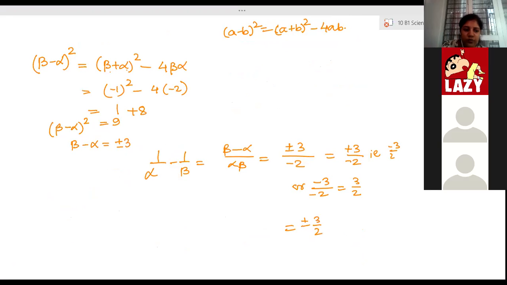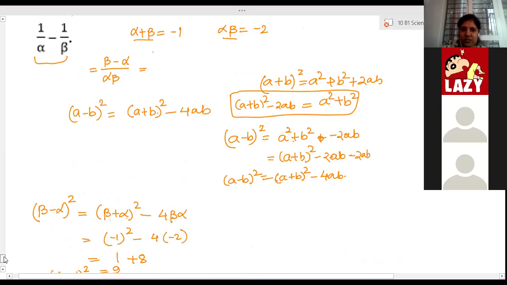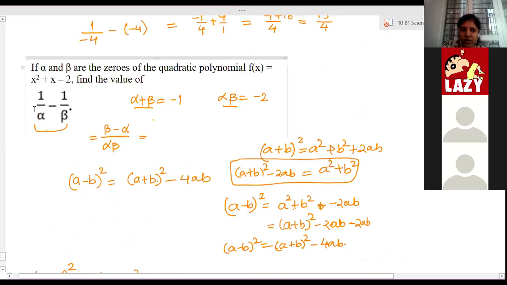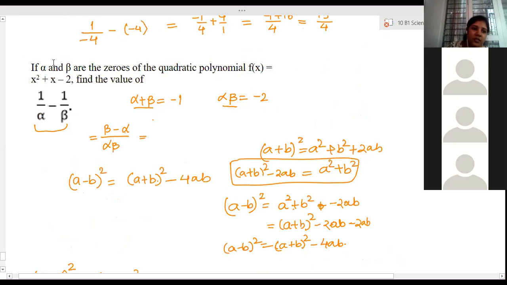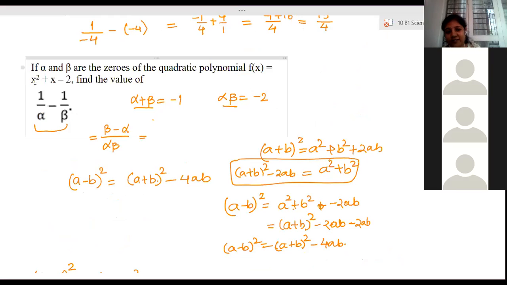Everyone, mark that question in your book, because this is an identity you have to use. It is not the straightforward method. Ma'am, we can solve this by factorization. If you are able to factorize, it's fine, the answer you get is the same.